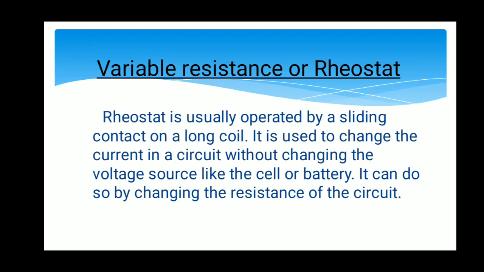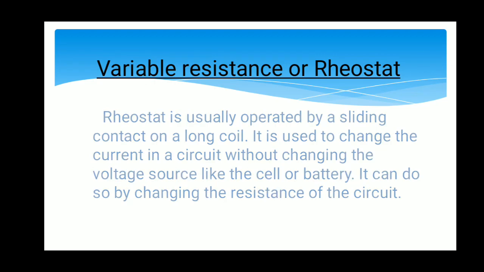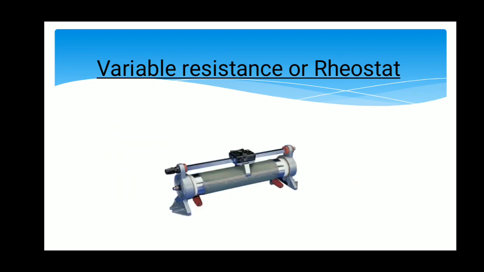It is used to change the current in the circuit without changing the voltage source like the cell or battery. It can do so by changing the resistance of the circuit. This is a figure of a rheostat.